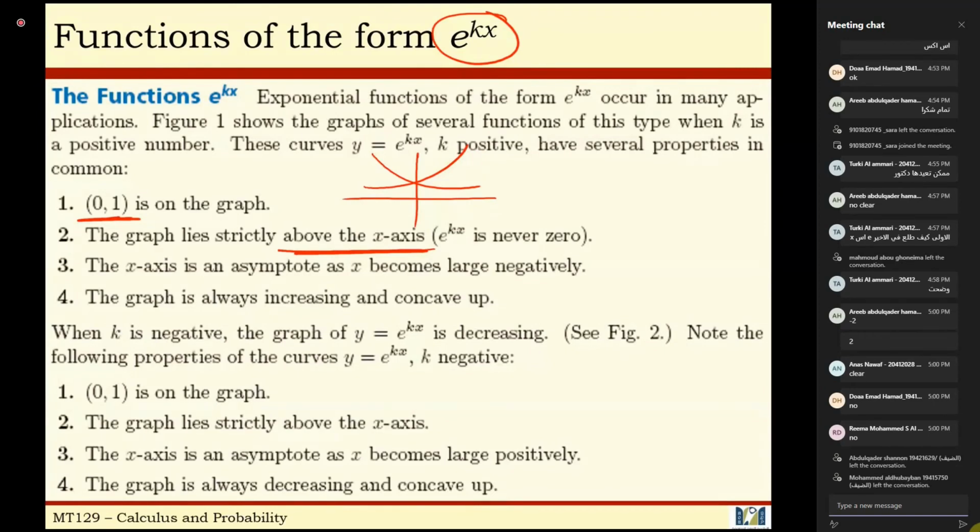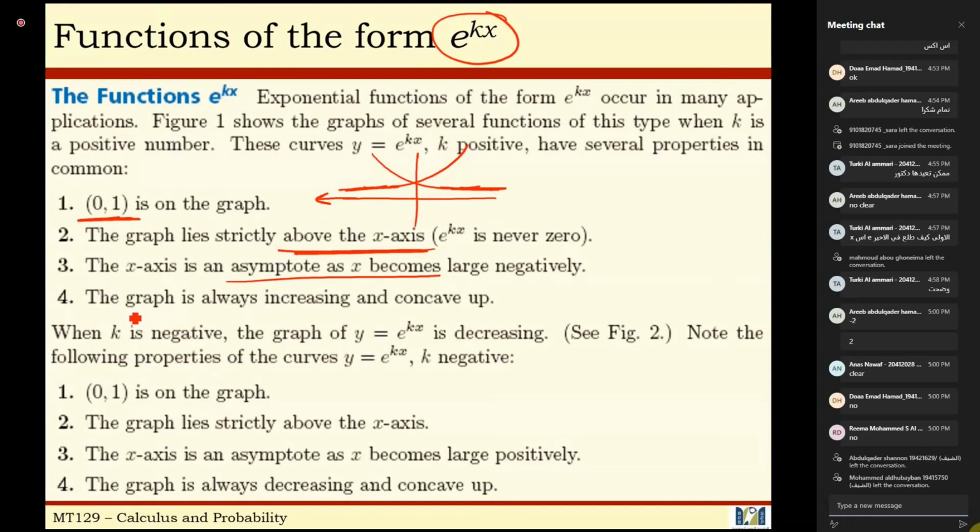Also, the x-axis is an asymptote. Asymptotic means when x goes to negative infinity, we have 0, or when x goes to infinity, we also have 0. The curve approaches 0, or gets close to the x-axis.